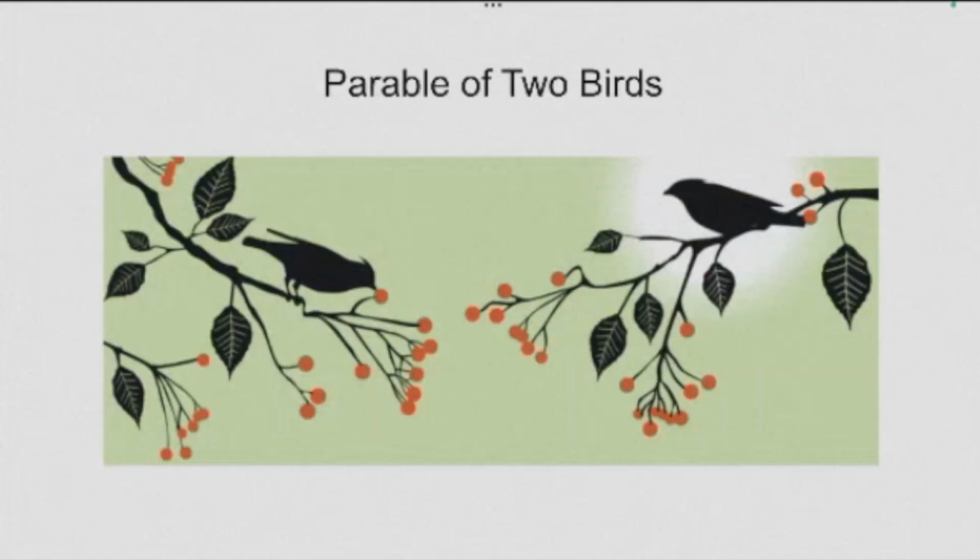And then we have the famous parable of two birds from the Katha Upanishad, where we can see that the bird on the left is pecking at the fruit and enjoying the fruit, while the bird on the right is quietly sitting on the branch and observing.